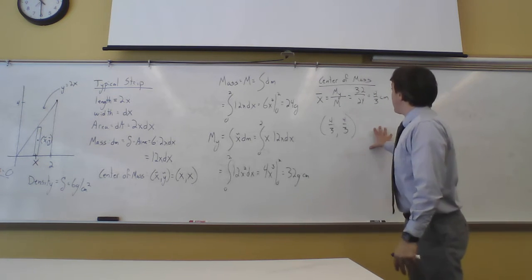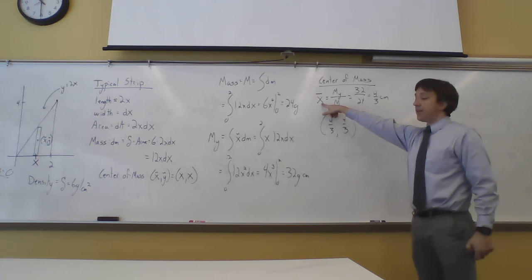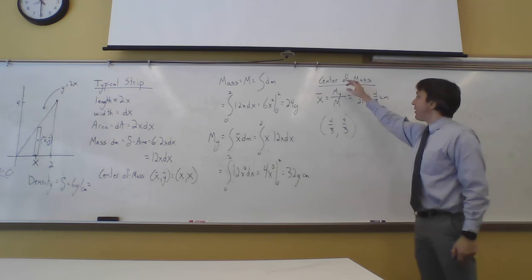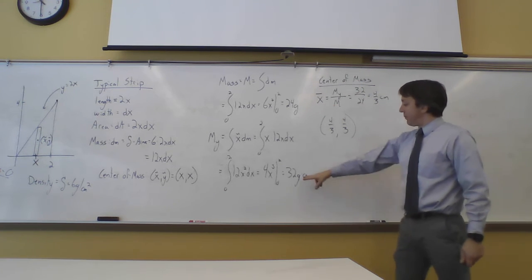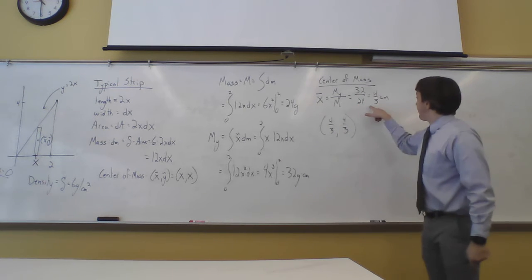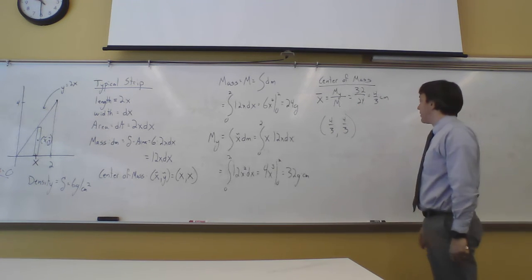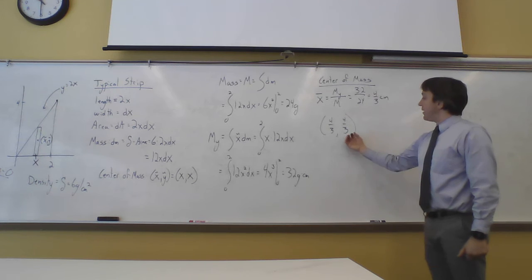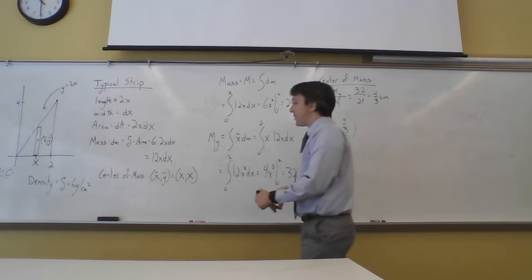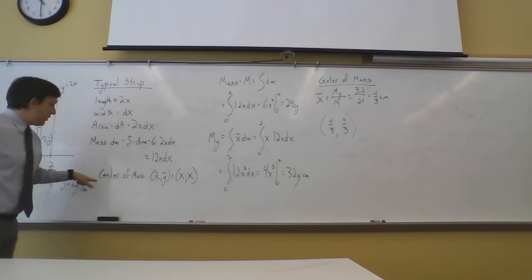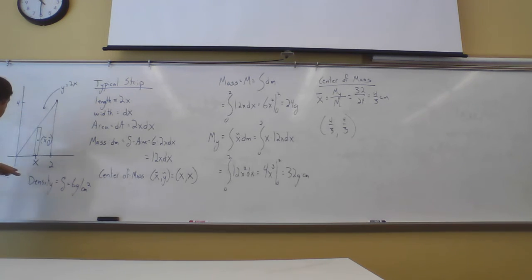All right, all of that then gets us x bar. X bar is just m sub y over m, so I take my 32 and divide it by 24, which gives me 4/3. And in this case, that's my x-coordinate for the center of mass, but I already know that I have a relation between x and y, right?